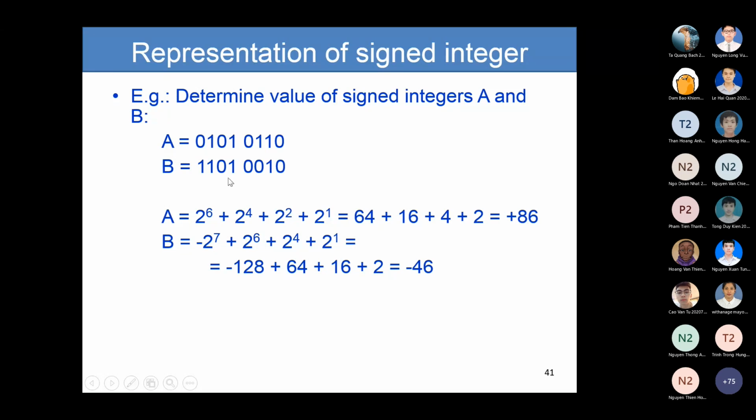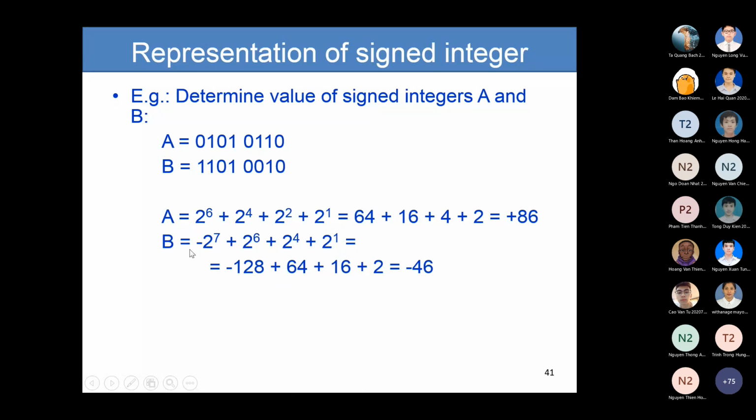And about B, again we need to index this one, index 1, this one index 4, this one index 6, and this one index 7, but the first one must be the minus.